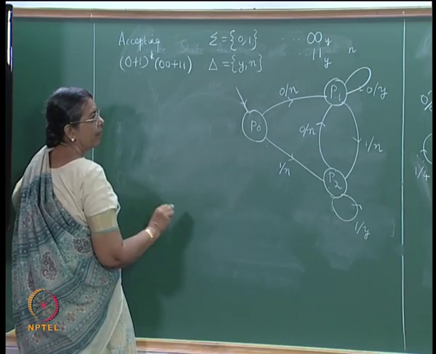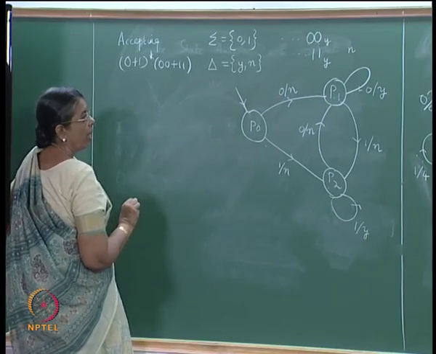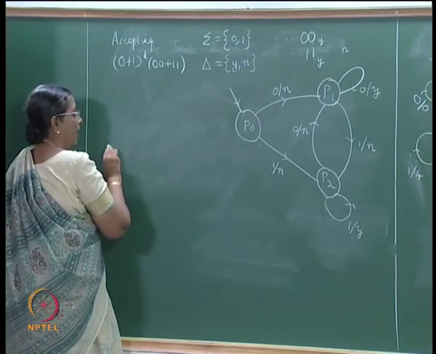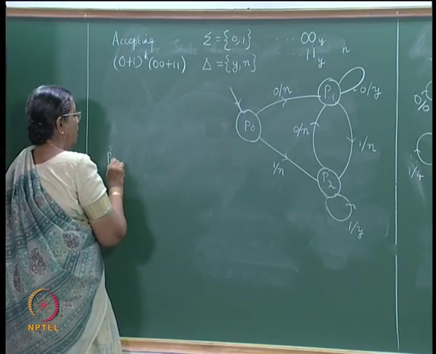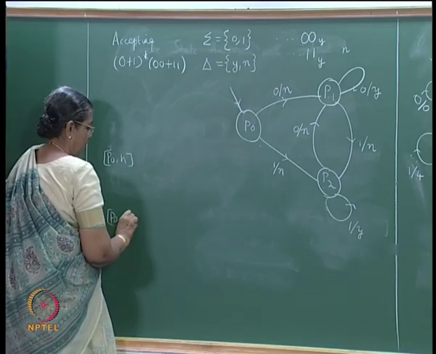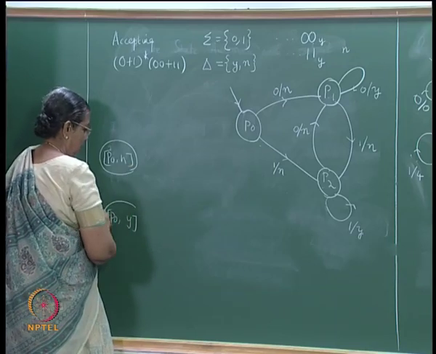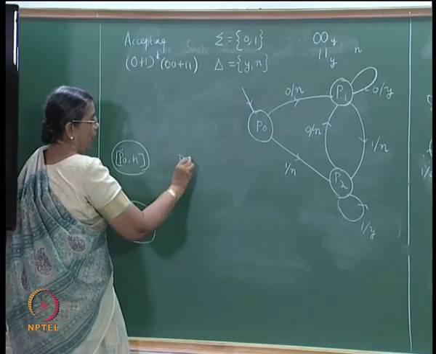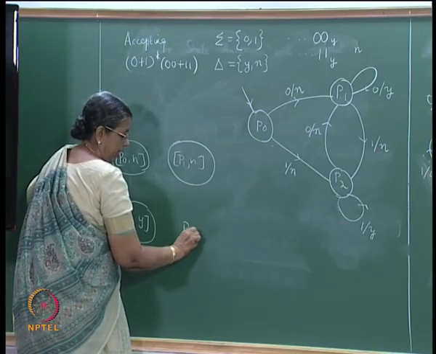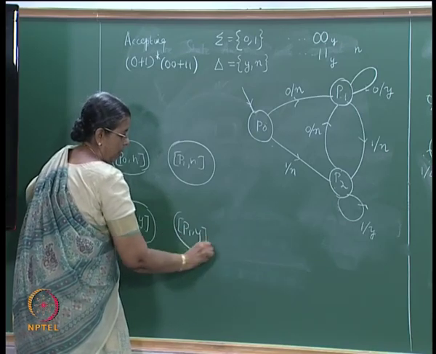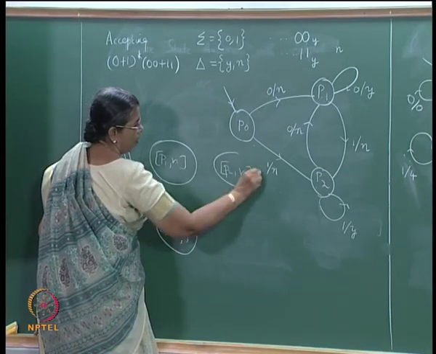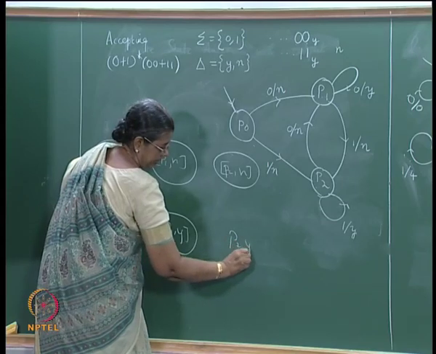There are 3 states P0, P1, P2 and 2 output symbols, yes and no. So, there will be 6 states here: P0 no, P0 yes, P1 no, P1 yes, P2 no, P2 yes.